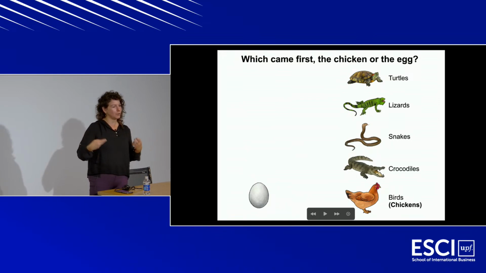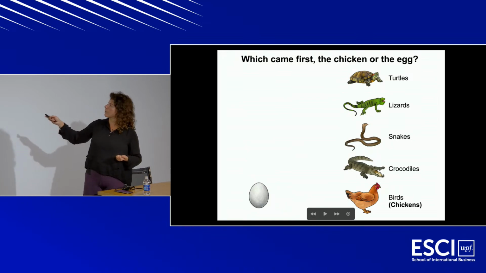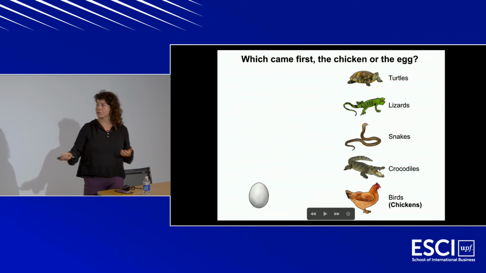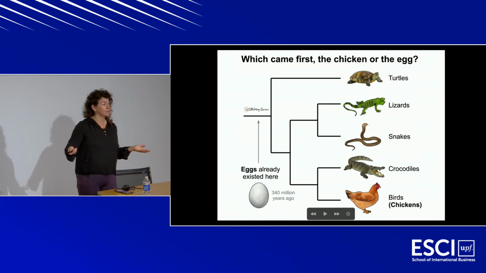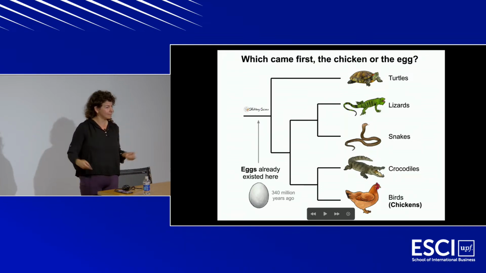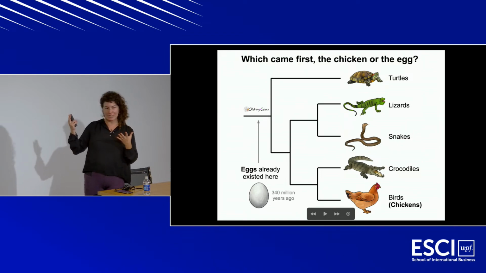If we take it into a phylogenetic context and we compare turtles, lizards, snakes, crocodiles, and birds, chickens, and we apply phylogenetics or phylogenomics, the answer is very clear. The egg is first because it appeared early in evolution, and chickens appear later on, right? So it's a clear example of why we need phylogenetic thinking and phylogenomics to understand how traits or species evolved.